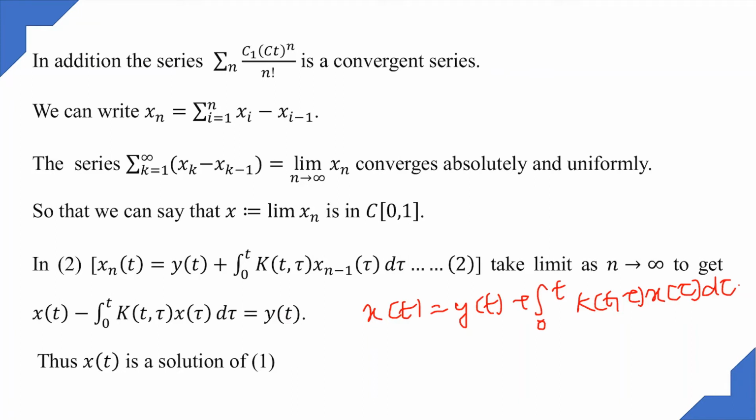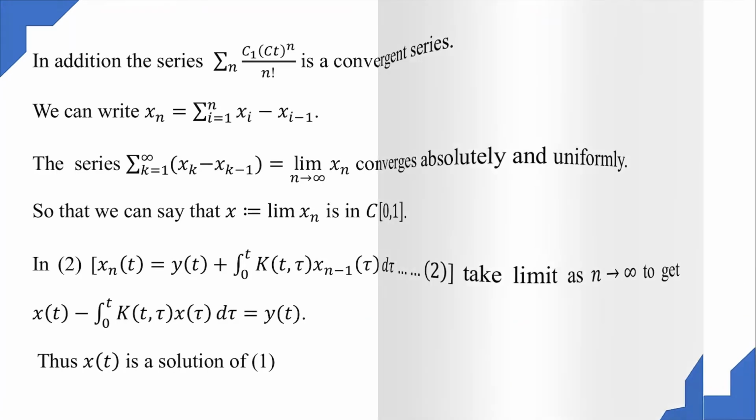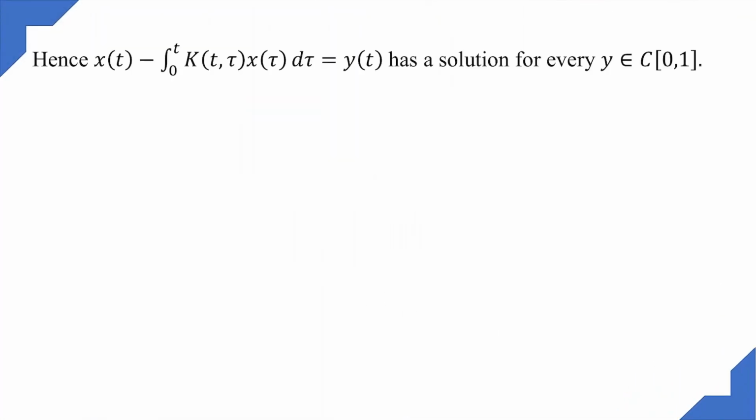Means x of t is a solution of our equation I minus T of x of t is equal to y of t. So this equation has a solution x of t. So what we get is x of t minus integral 0 to t k of t tau x of tau d tau is equal to y of t has a solution for every y element of C0, 1.